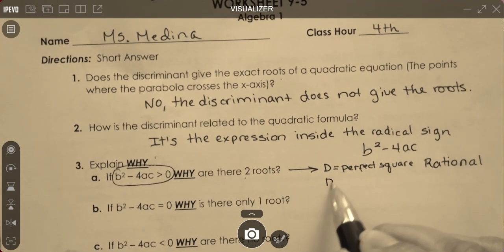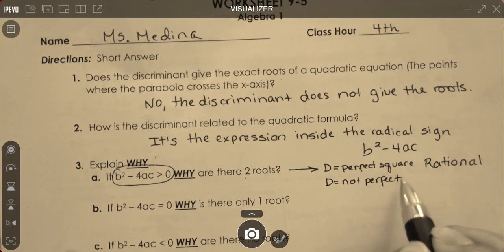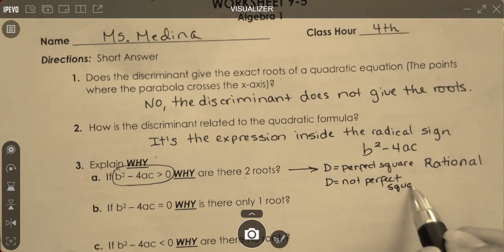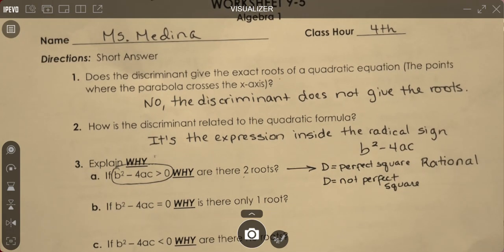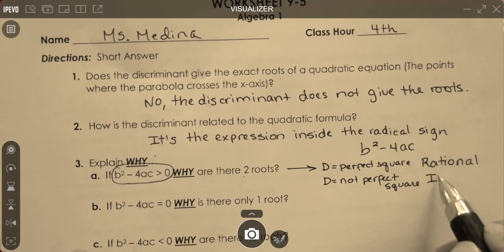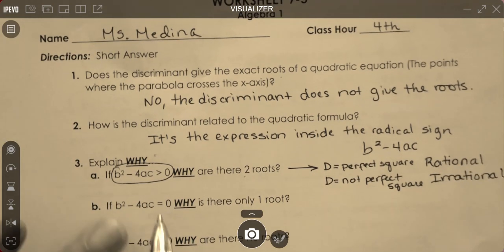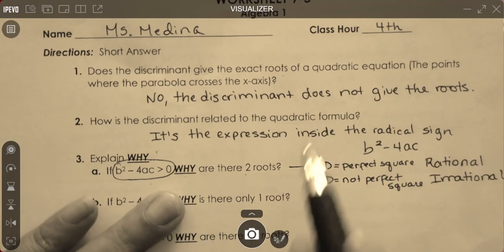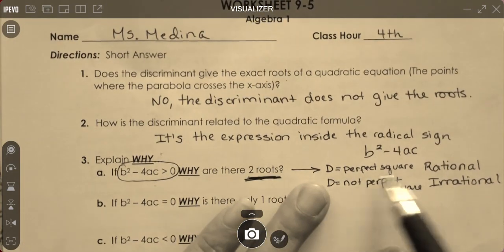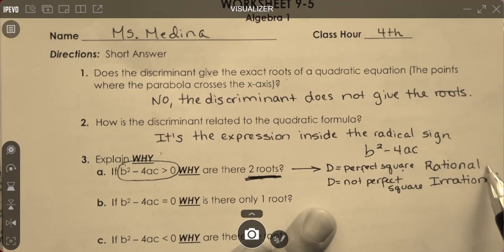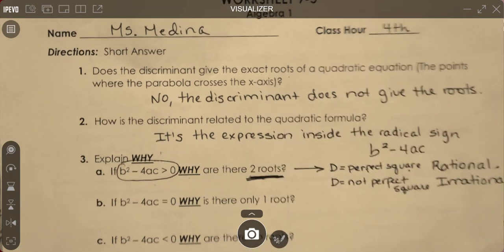But if the discriminant is not a perfect square, then we're going to be left with the square root of 11, square root of 37, so the number is going to be technically irrational. If the discriminant is positive, you are always going to get two roots. If it's a perfect square, the roots are going to be rational numbers, and if it's not a perfect square, the roots are going to be irrational numbers.